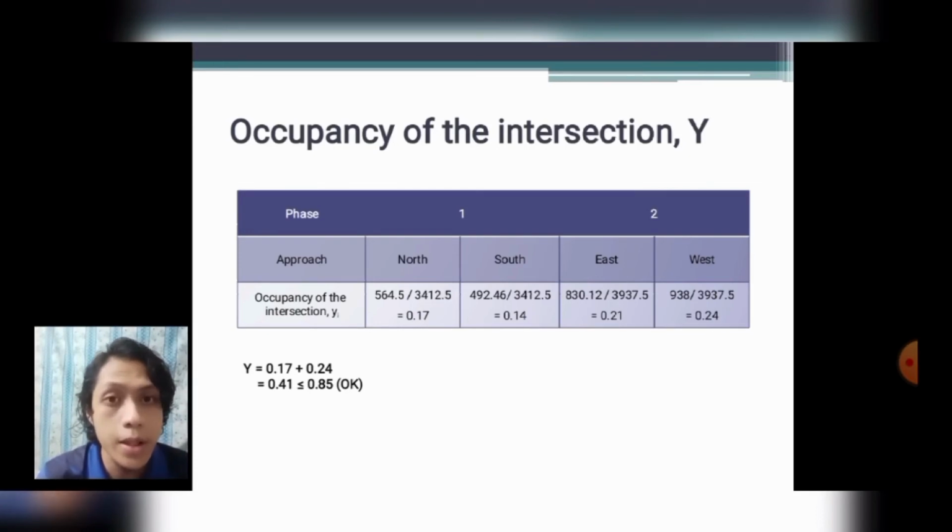From phase 1, the highest value is 0.17, and from phase 2 it is 0.24. To get the value of Y, we get 0.41, which is less than 0.85, which is okay.